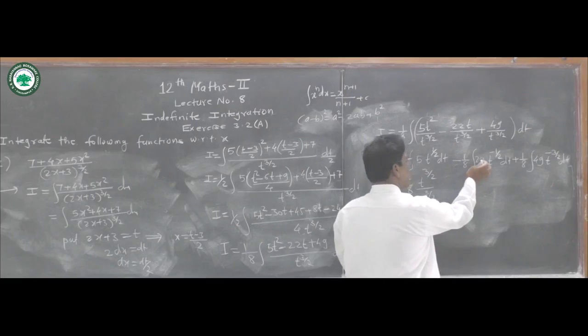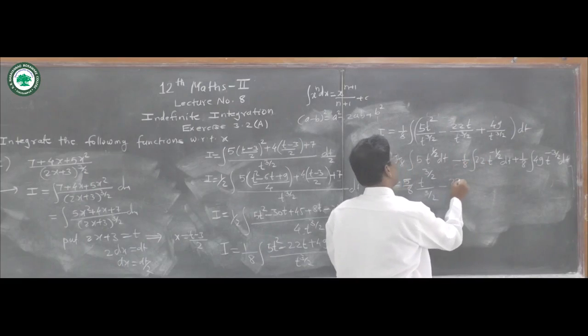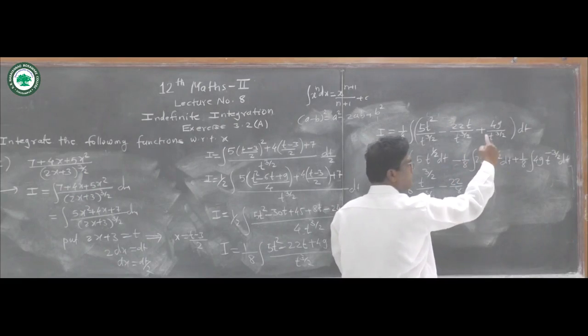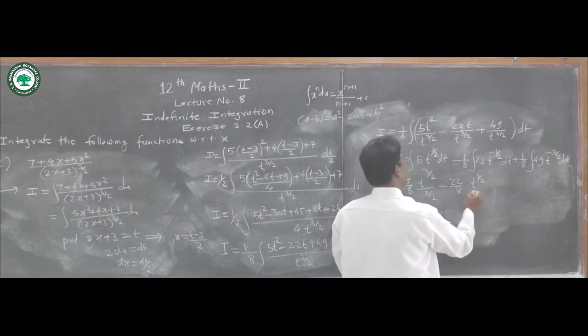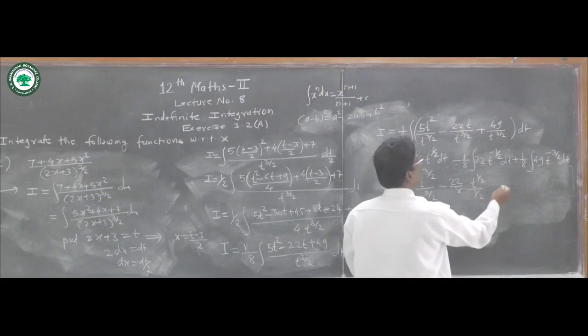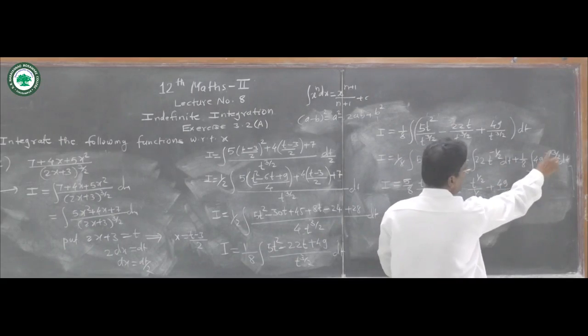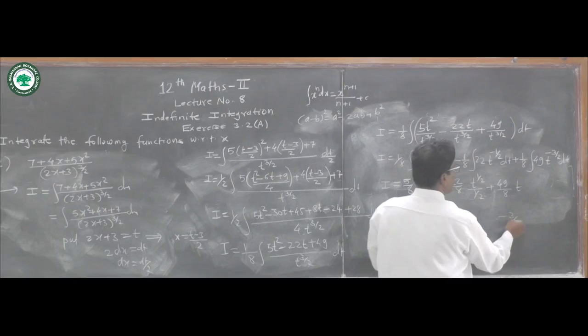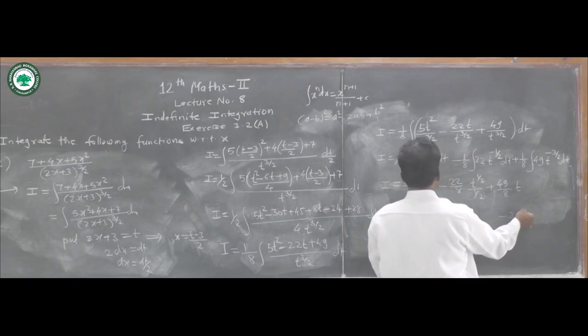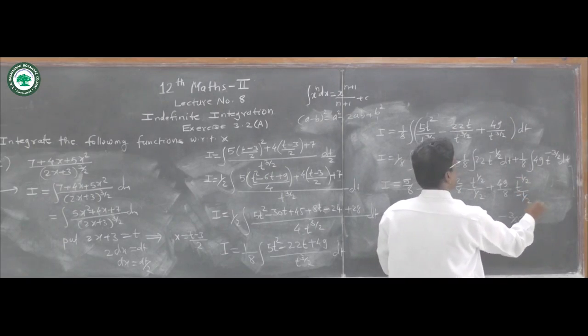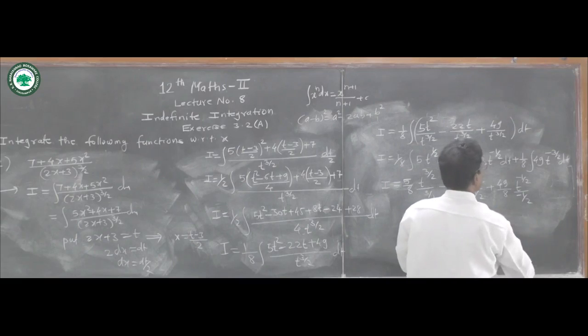Now here this 22 outside the integral, we get minus 22 upon 8 into t to the power minus 1 half plus 1, that is 1 half, divided by 1 half. Now here plus this 49 outside the integral, it is 49 upon 8 and t to the power minus 3 by 2 plus 1, that is minus 3 plus 2, that is minus 1 half. So minus 1 half divided by minus 1 half plus constant of integration.